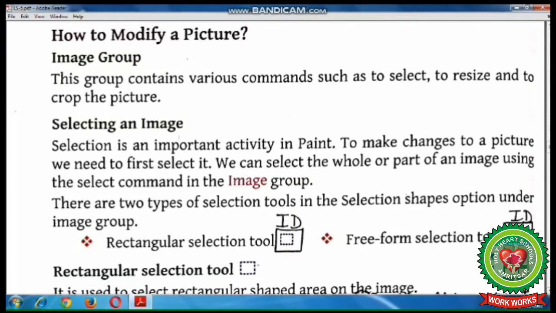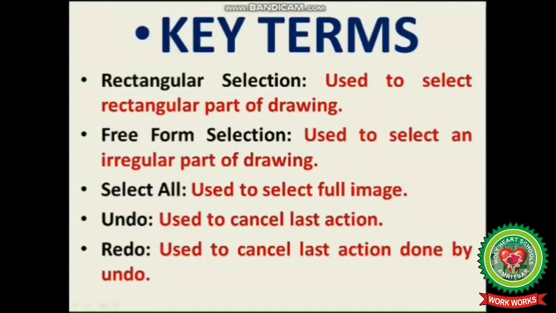Before starting the topic, let's discuss the important key terms. The first key term is rectangular selection, used to select rectangular part of drawing. Second, free form selection, used to select an irregular part of drawing.